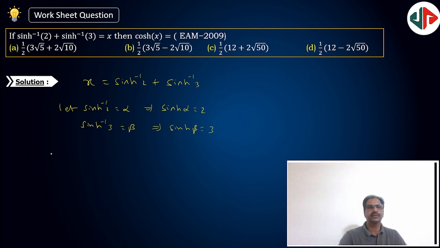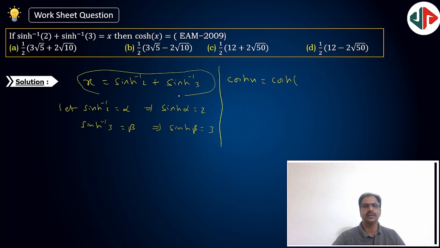And what is required? We require cosh x, that is equal to cosh of, what is x for us? I took sinh inverse 2 as alpha and sinh inverse 3 as beta. So this is cosh of alpha plus beta.